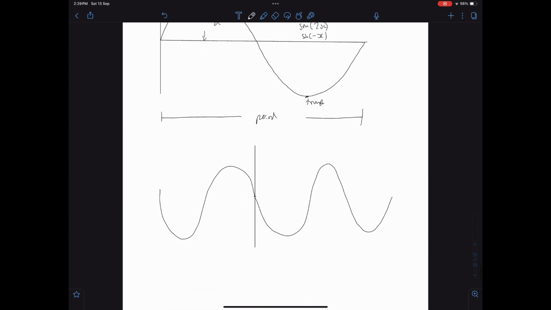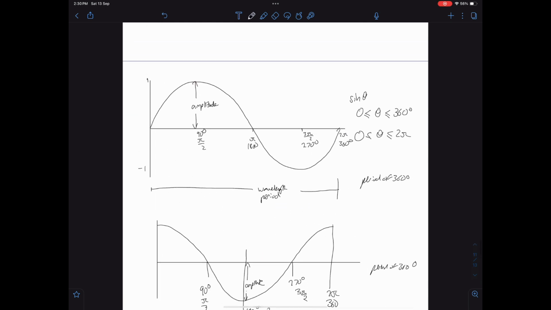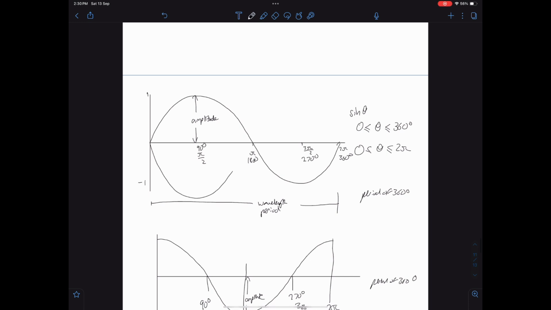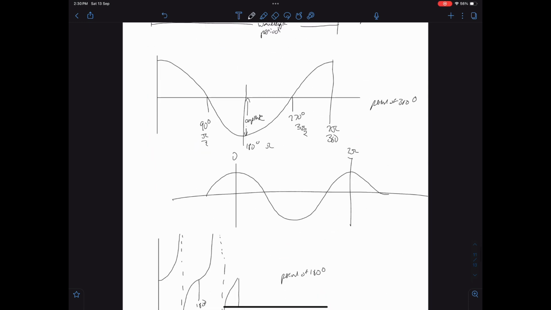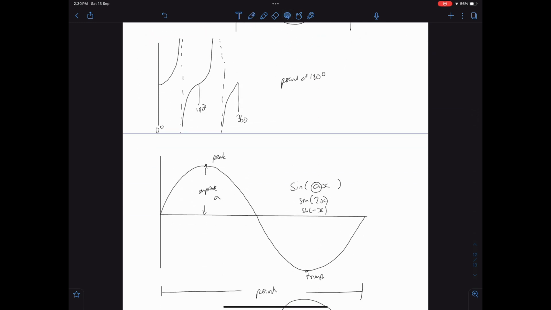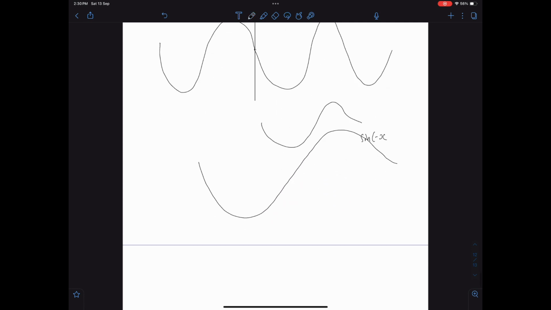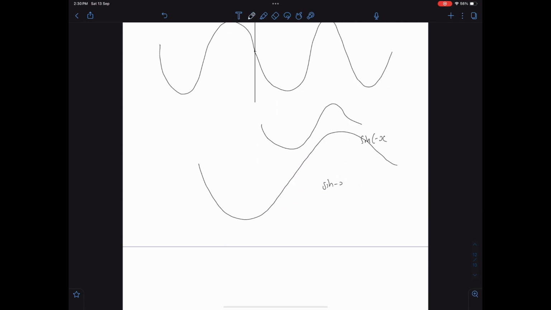When we do our sine of minus x, and then we look back up here, and when we did our minus sine x with the minus on the outside, they're the same graph, the same shape. So that's why we can say that sine of minus x equals minus sine of x.